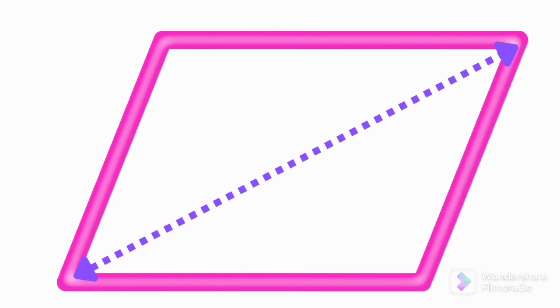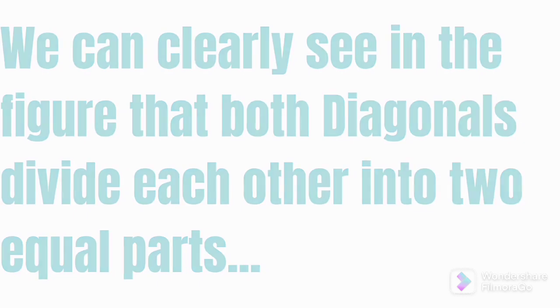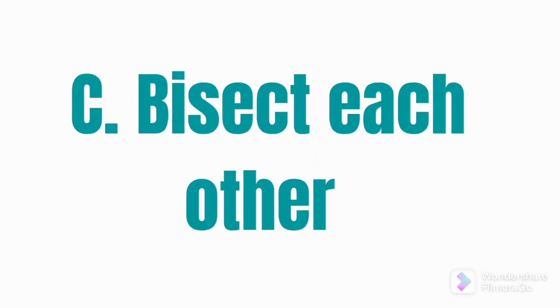In a parallelogram, if we draw the two diagonals as shown in the figure, from the figure it is clear that these two diagonals divide each other into two equal parts. That is, the diagonals are bisecting each other. Hence, C, bisect each other, is the correct answer.